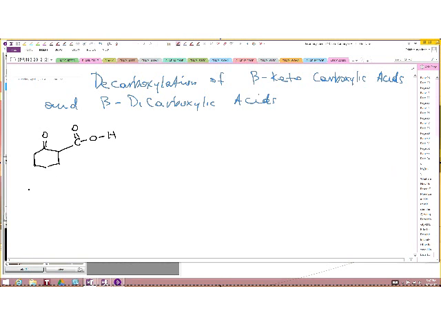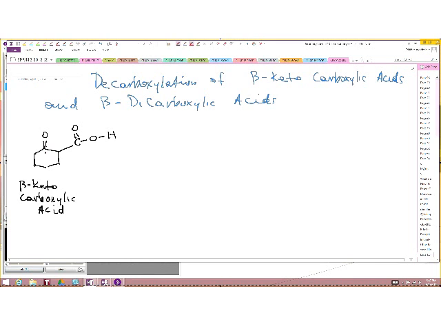Now this is what I mean by beta keto carboxylic acid.